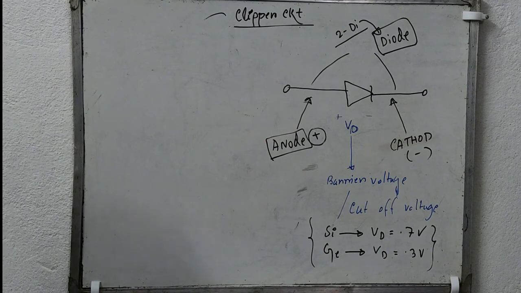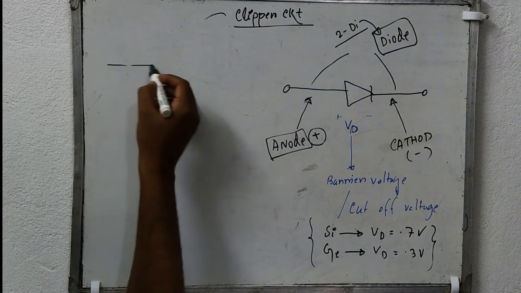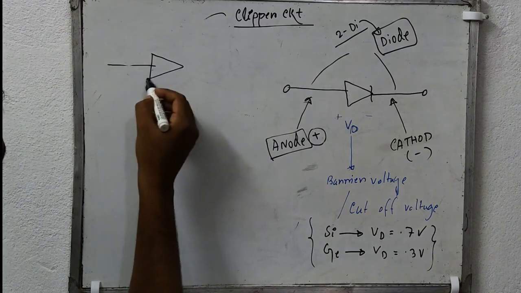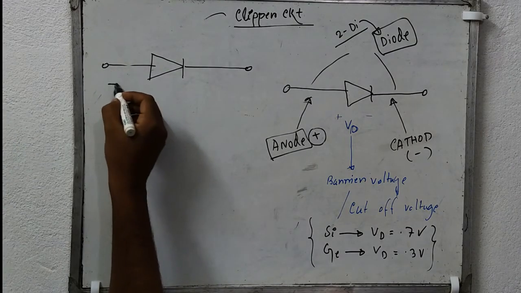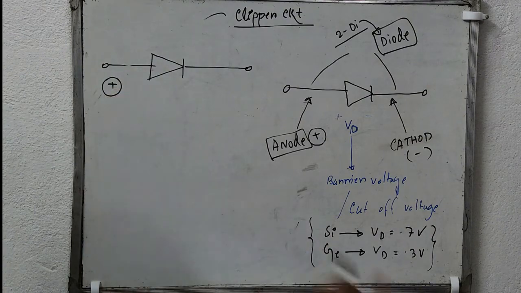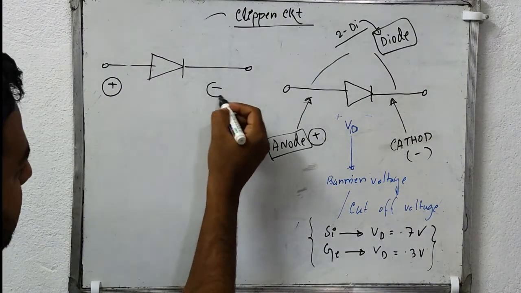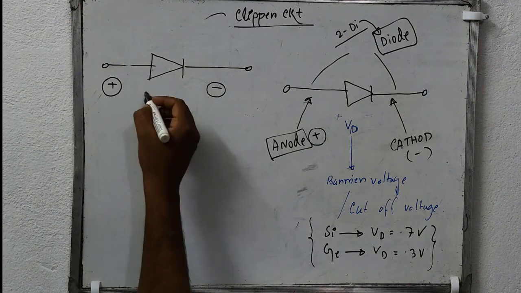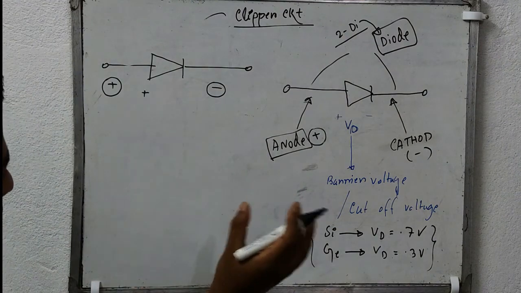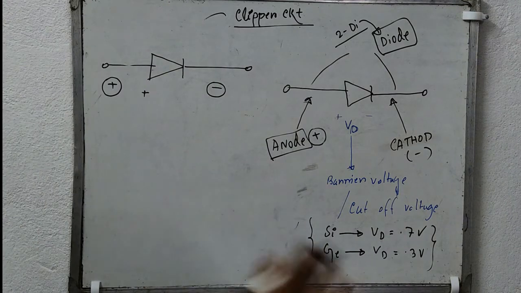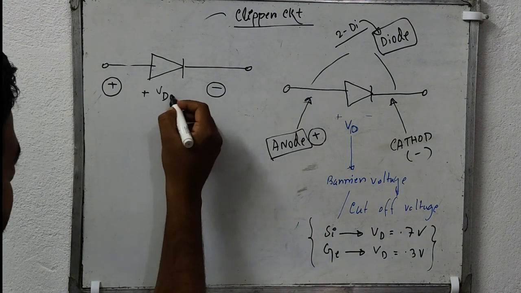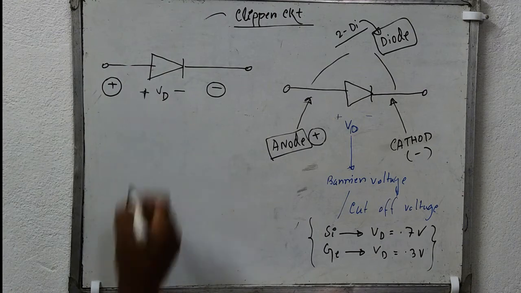If we take a diode over here, this is the positive terminal, or anode, and this is the cathode, and there is a barrier potential or cutoff voltage VD.